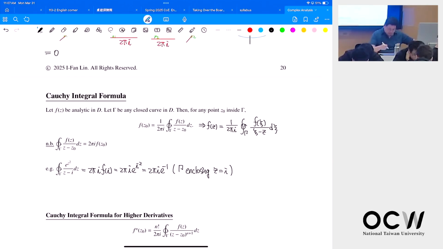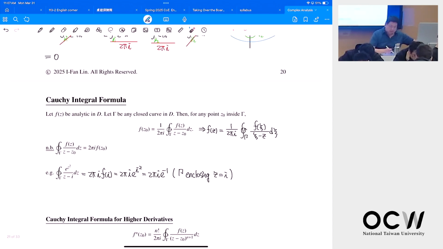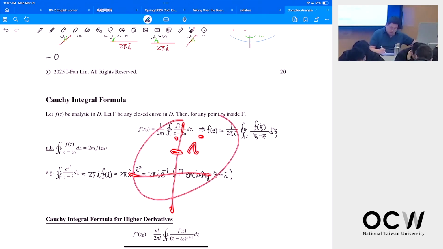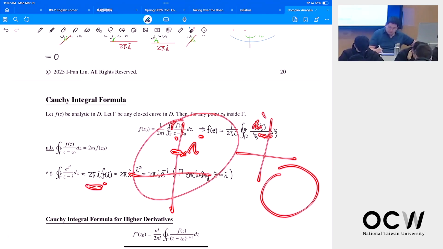If it is not, then that is 0, right? Z equals i here. I include that, and then I have 2 pi i f of i. If not, if I have a closed curve here, then this integration is 0.